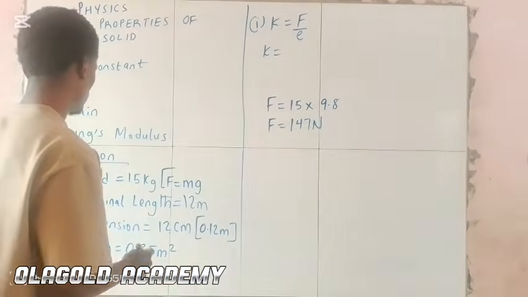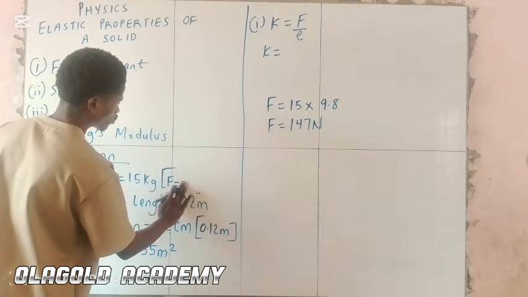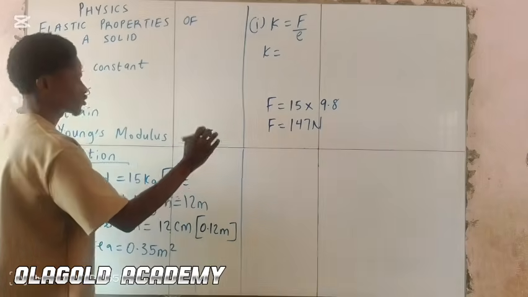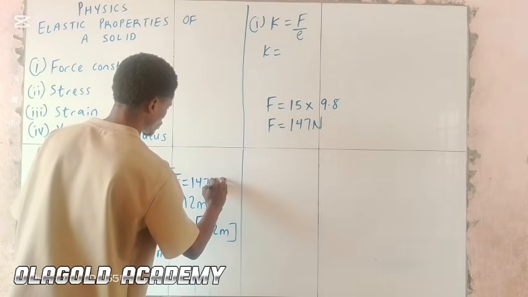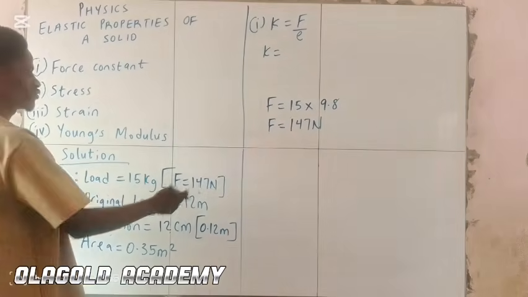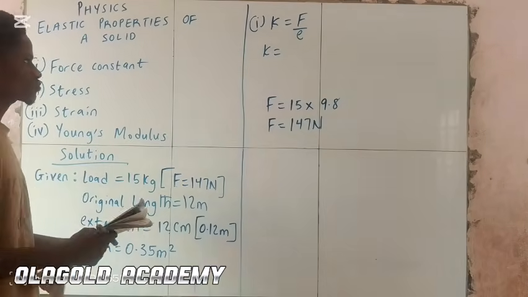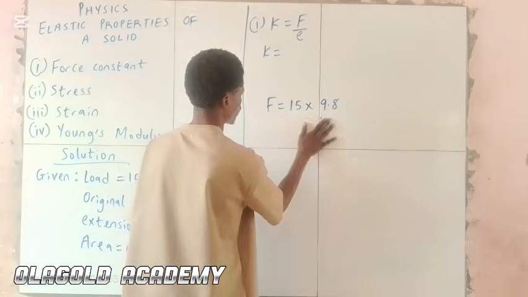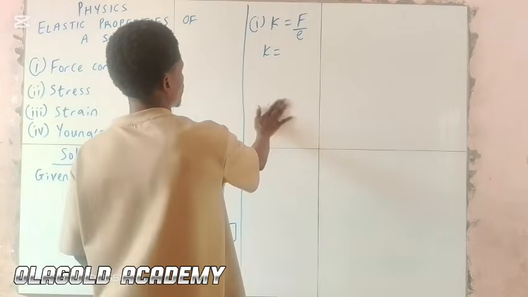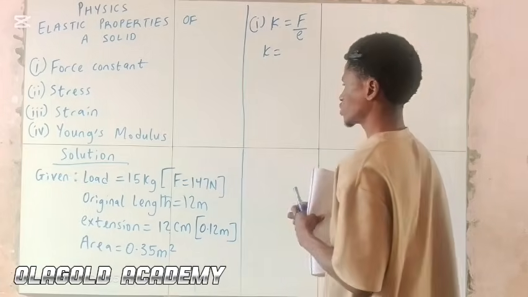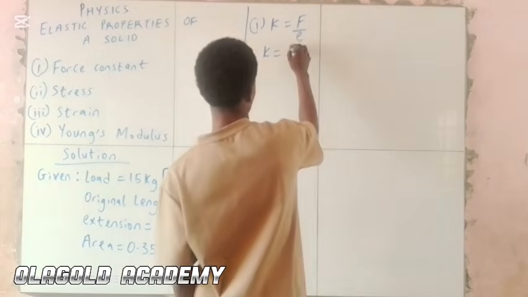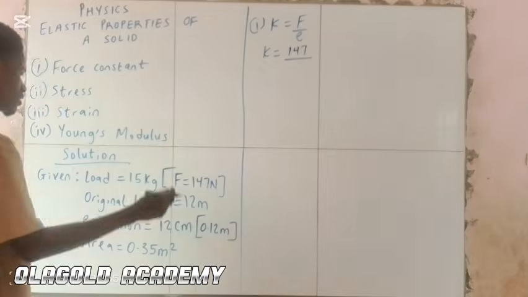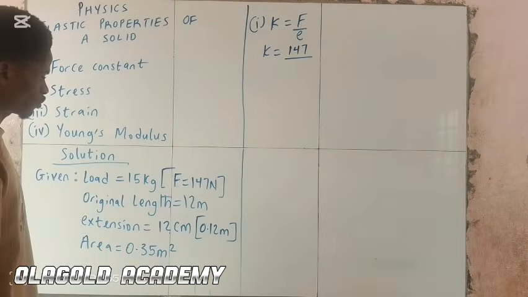So this is our value for force here. Force is given as 147 Newton. All right, we can proceed with our calculation now, since we have gotten force. Our force is 147 Newton, and extension is given as 0.12 meter.